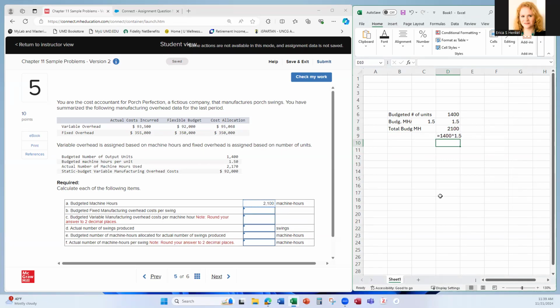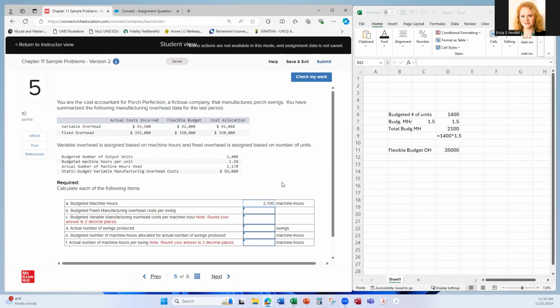So we want to take our flexible budget overhead here to calculate this, which is the 350,000, and we're just going to divide that by the budgeted number of units, which is 1,400 per unit. And how we know that is because they said here, by the way, that our fixed overhead was budgeted based on number of units.